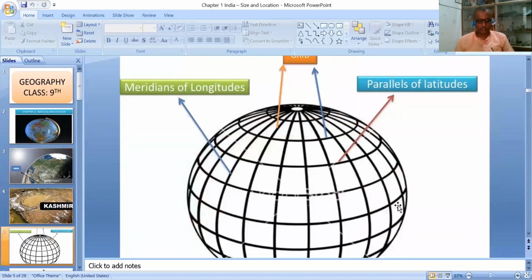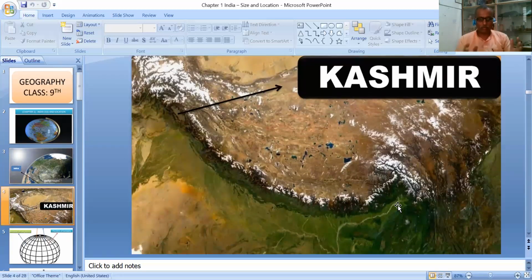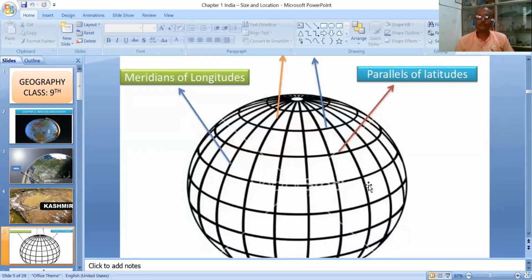So dear students, we have developed the globe, but it is round in shape. How can we identify a country on this model? For that, we have drawn a number of lines on the round ball-shaped picture. We can see the picture which I am showing to you.